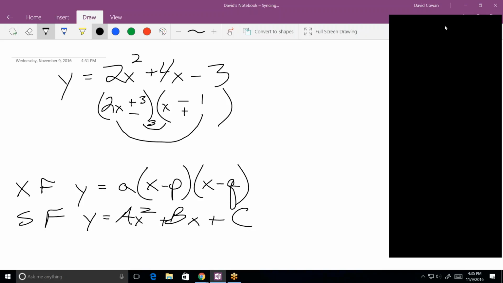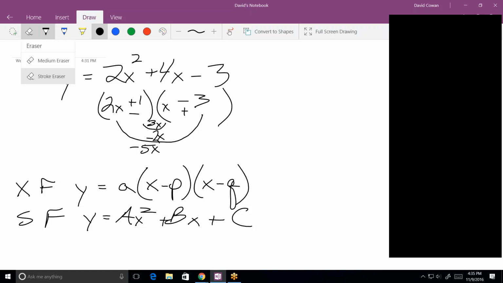That's 3x minus x, or minus 2x, that would produce a middle term of x. With me? Yes. I try the 1 there and the 3 there. Well, that produces a middle term of plus x minus 6x. That would be minus 5x. That's not the correct middle term either.